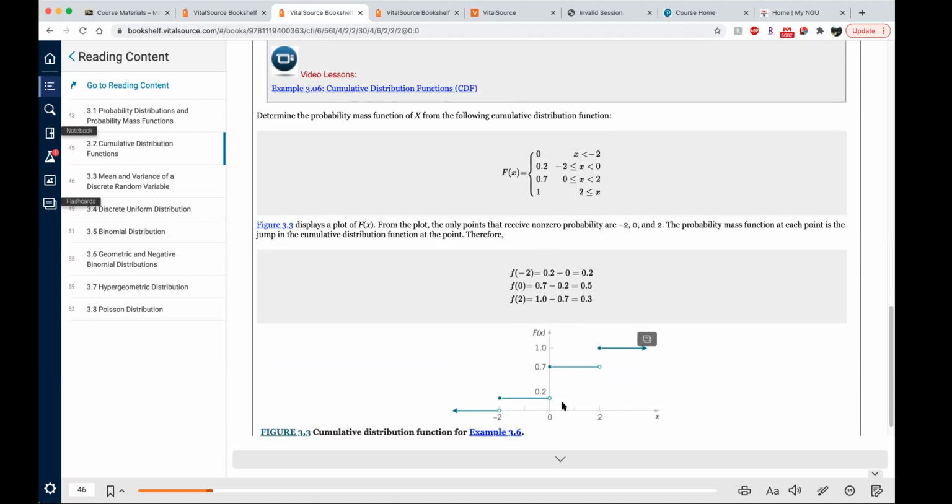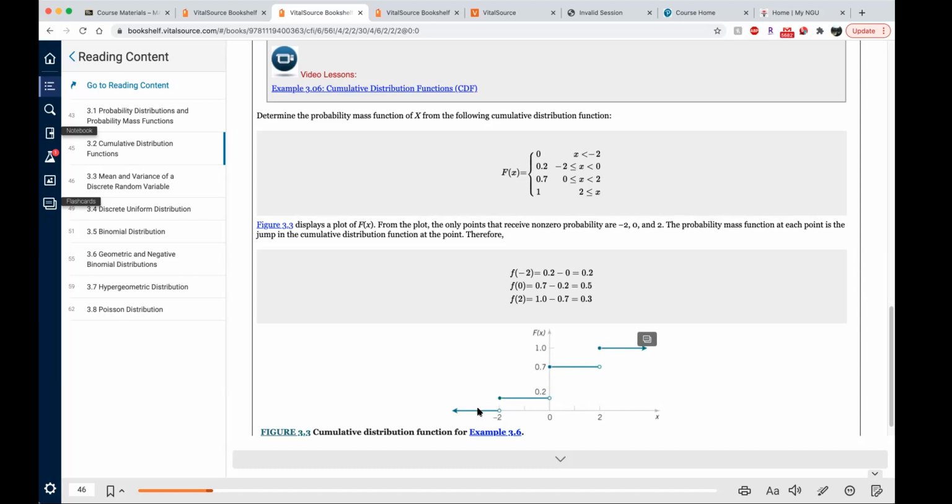Okay, you see that for x less than -2, F of x is defined as 0. Then on the interval from -2 closed to 0 open, F of x is defined as 0.2. What that means is that the PMF at -2 must be 0.2.